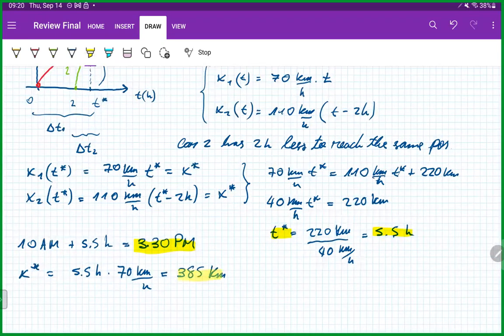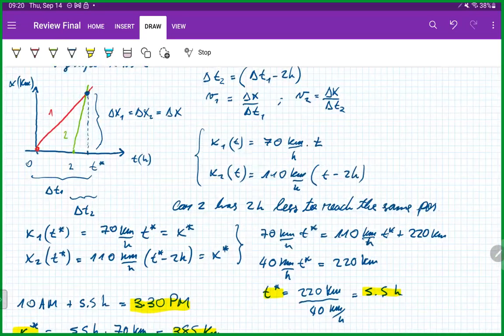So that's for the position. This is up here, 385, and that t is 5.5. So we've gotten those coordinates, and our graph now is totally complete.